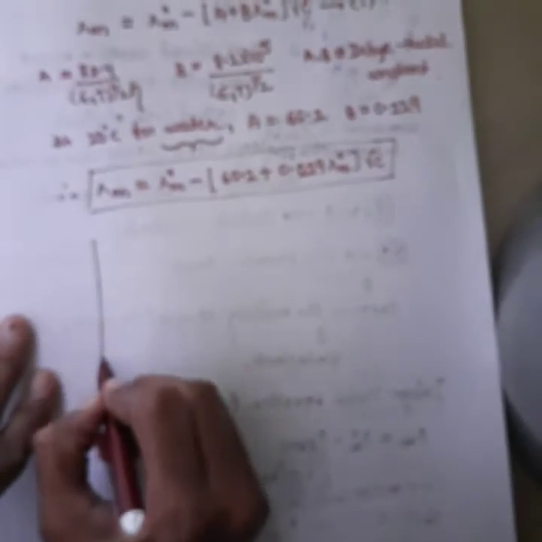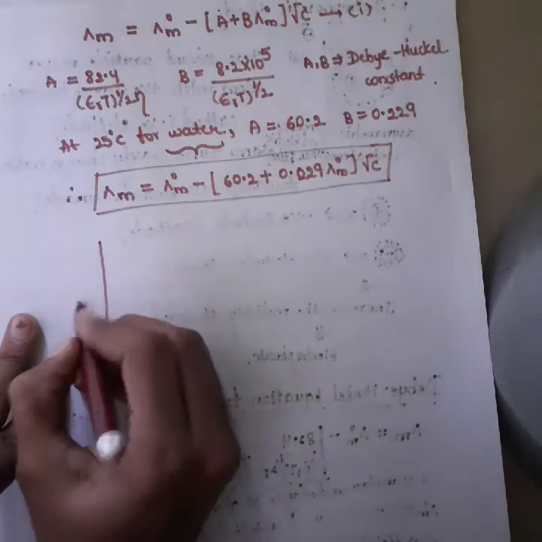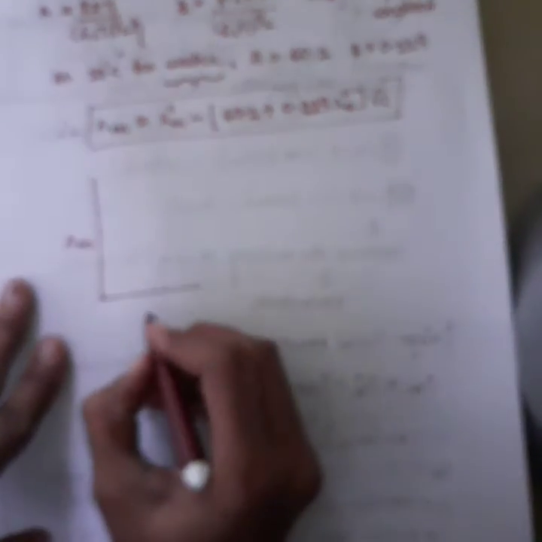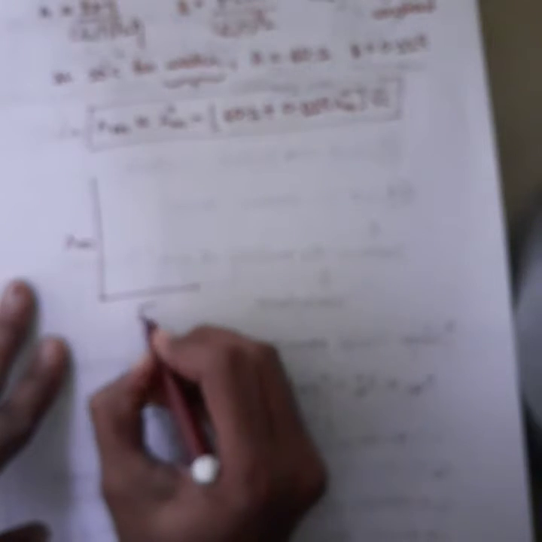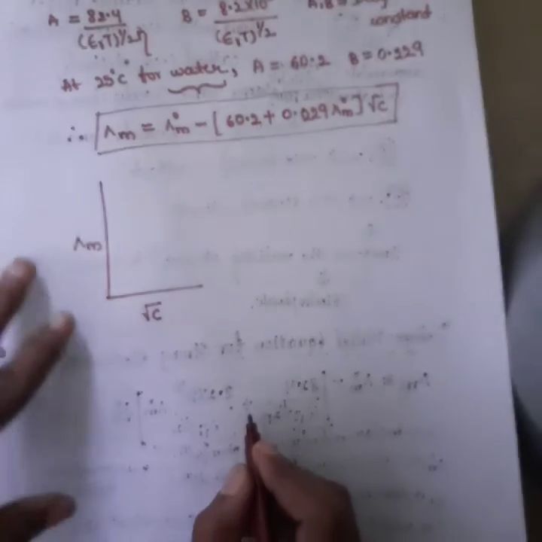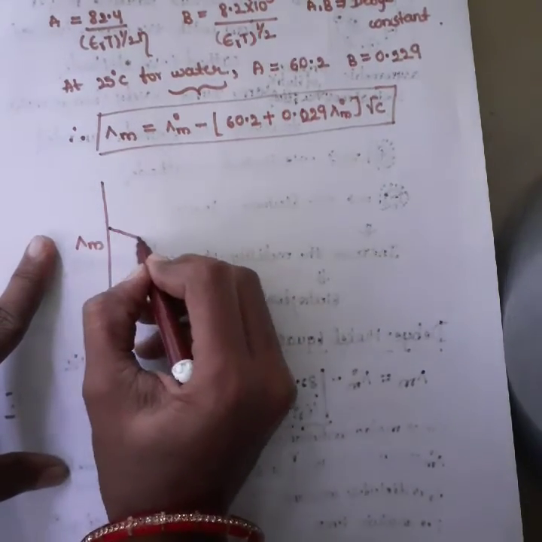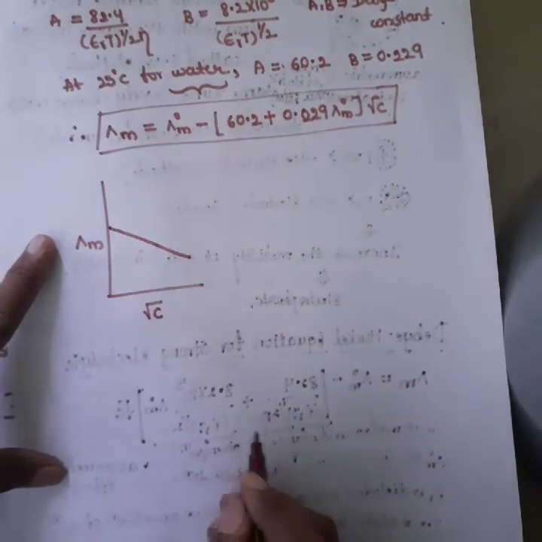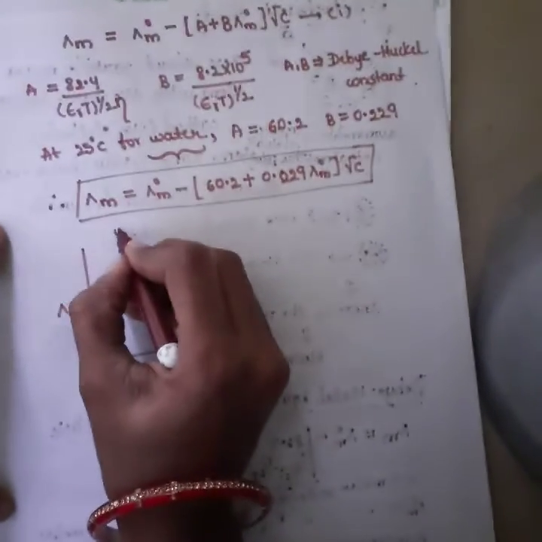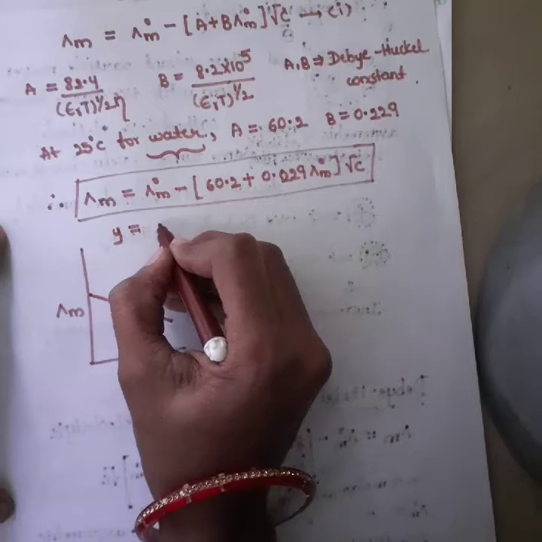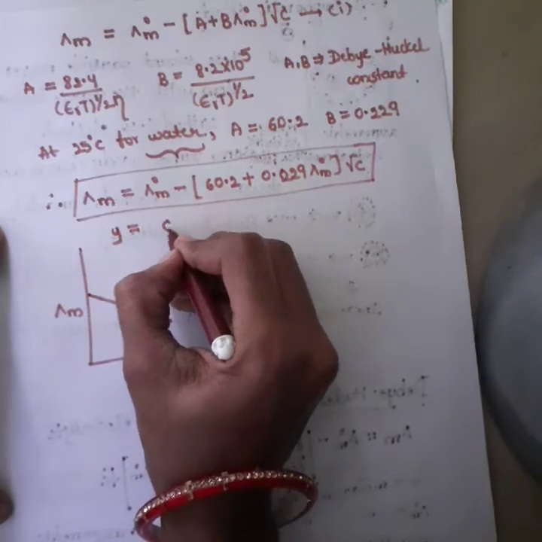Now we draw a graph between lambda m on the y-axis and root c on the x-axis. We plot a graph of lambda m versus root c, and we get a straight line, because this is y is equal to mx plus c.